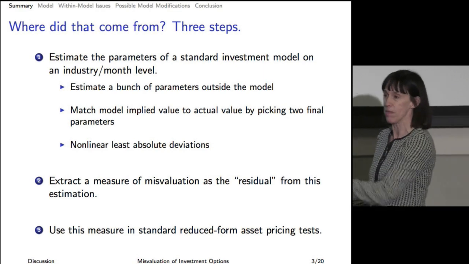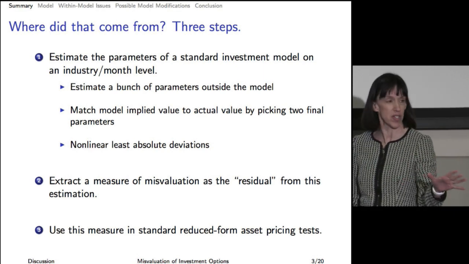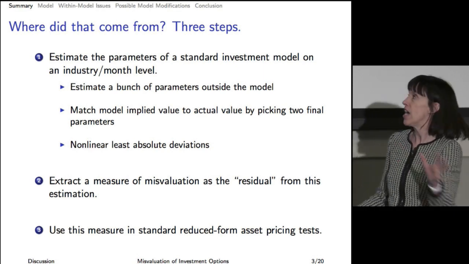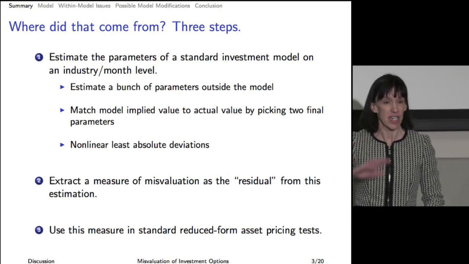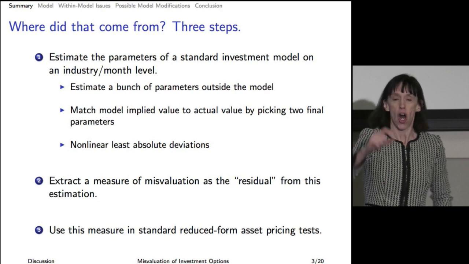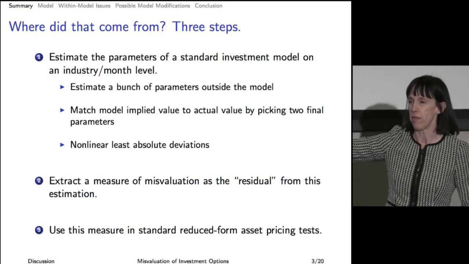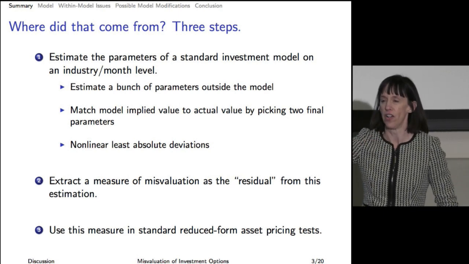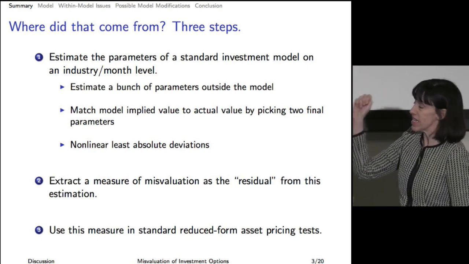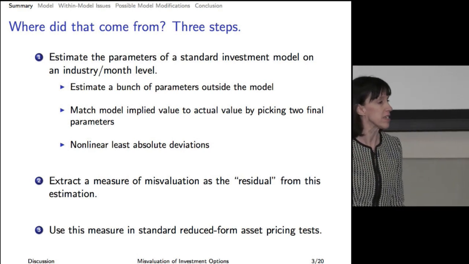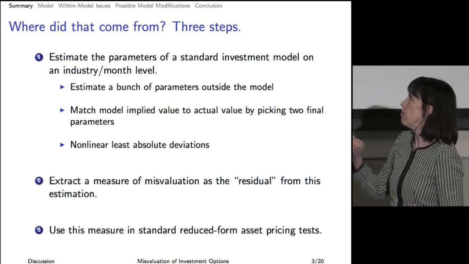The first part is just about the mechanics. I'm just going to summarize what these folks did to get what they got. They estimate the parameters of a very standard investment model on an industry-month basis. So that's a lot of estimations. They do that in three parts. They estimate a bunch of parameters very sensibly, no problem there, outside of the model.